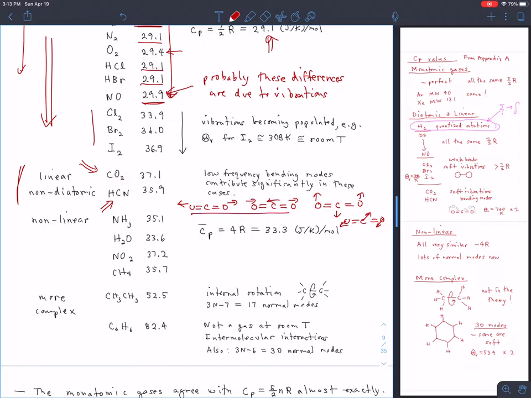These guys both have high vibrational frequencies and high vibrational temperatures, so they don't contribute. If you look at the contributions from these, they're totally negligible.